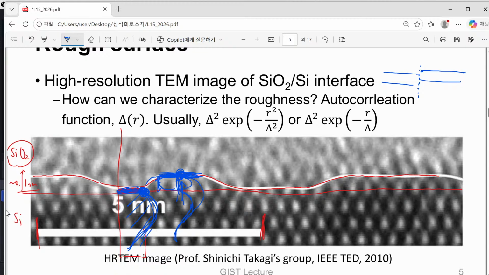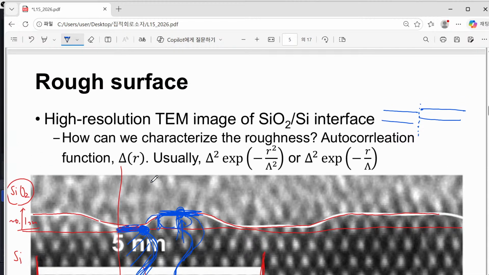But if we have a rough surface, due to the existence of this rough surface, sometimes we feel certain disturbance for smooth motion along the channel direction. That's the reason why, in this case, when we have a rough surface, every time we feel this roughness, electrons are disturbed from their smooth motion along the horizontal direction.